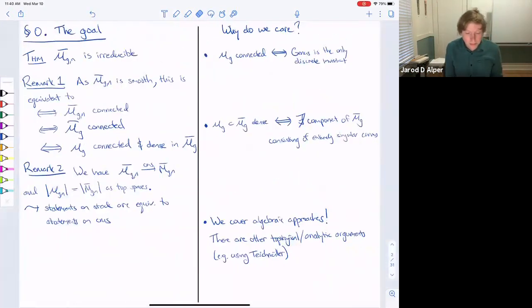So the goal is to show that M_{g,n} is irreducible. My first remark is that because the stack is smooth, and in particular normal, it's equivalent to showing that it's connected.